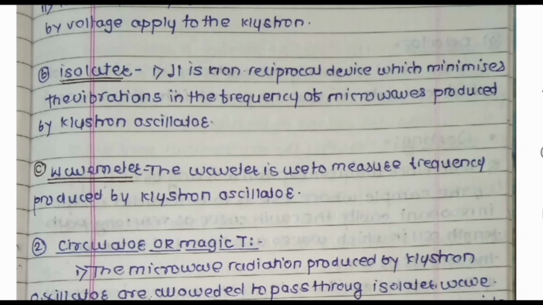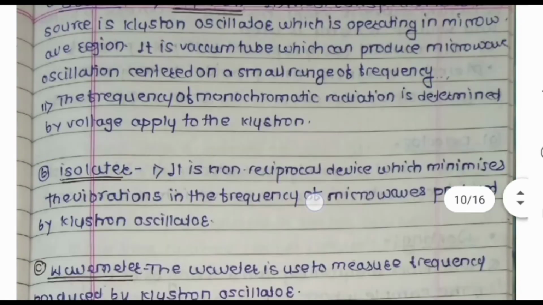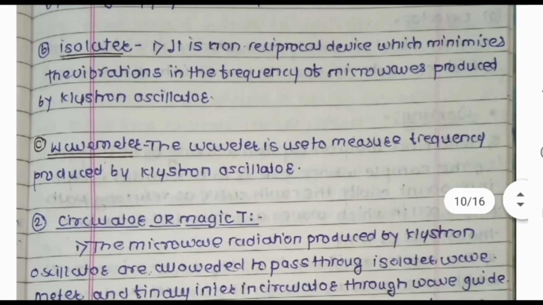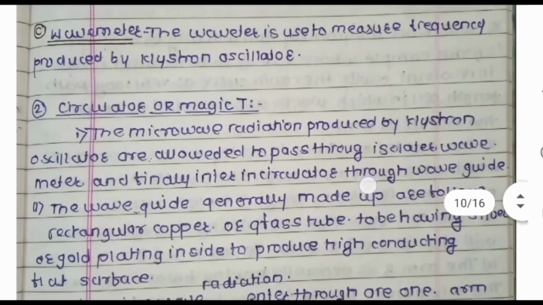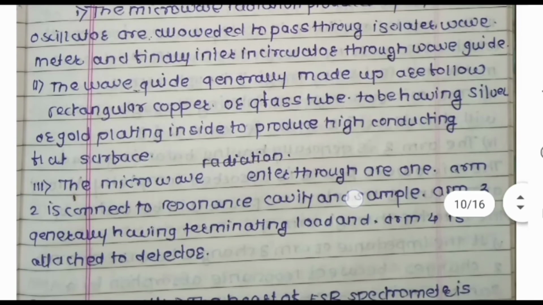These are the important components of the source: first the klystron, the second is the isolator, then the wave meter or waveguide, and another component is the attenuator.